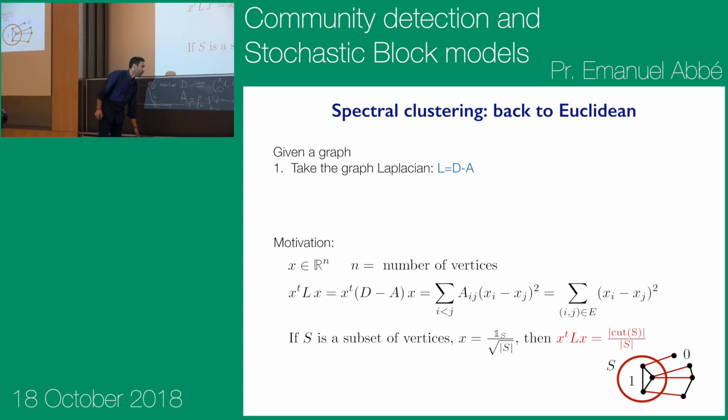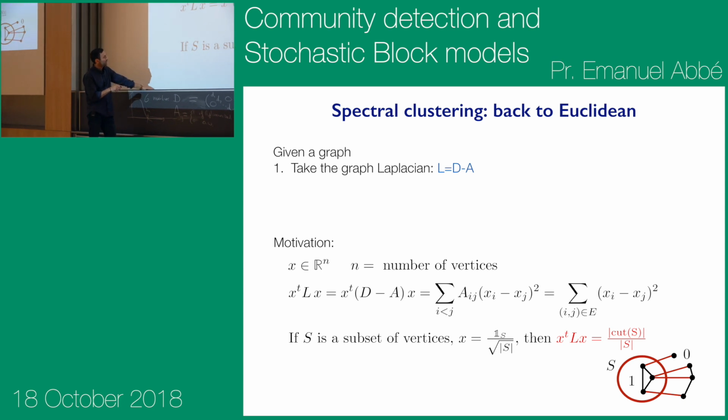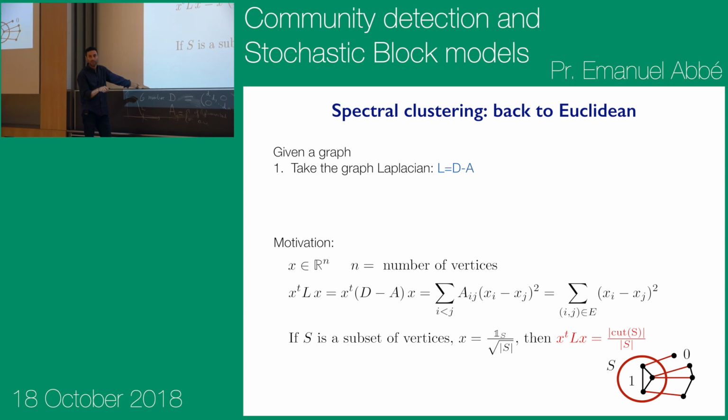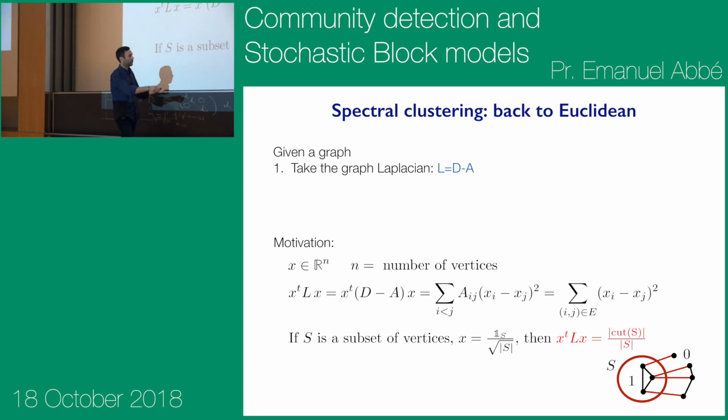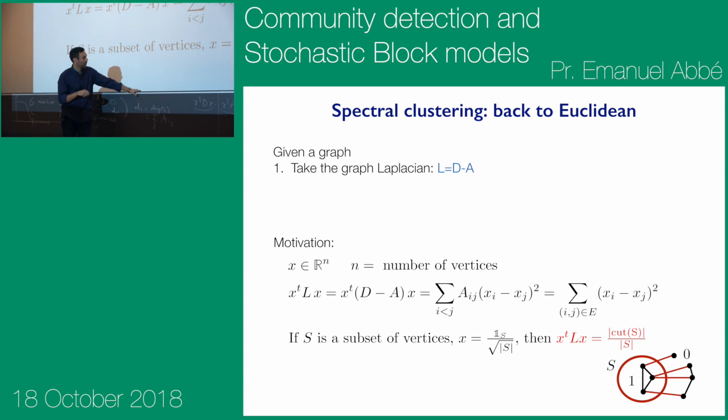So if you pick a subset S of vertices and you look at the vector x that corresponds to the indicator on that subset, normalized so that this is norm 1. So indicator means this vector is 1 if the vertex belongs to S and 0 otherwise. And then here I divide it by the root of the size of my set.